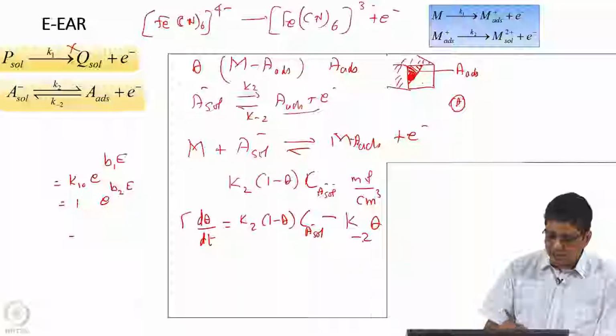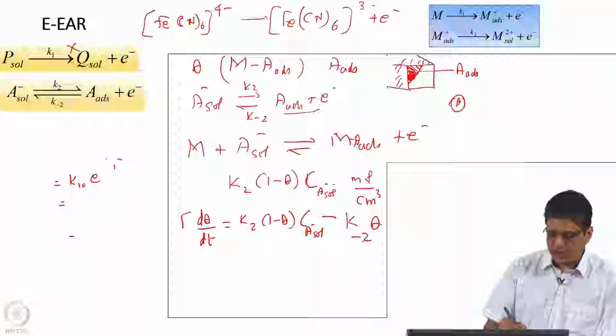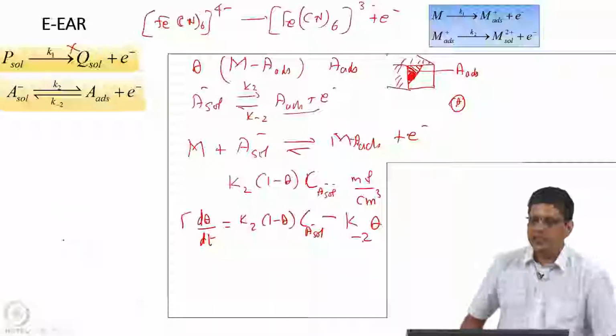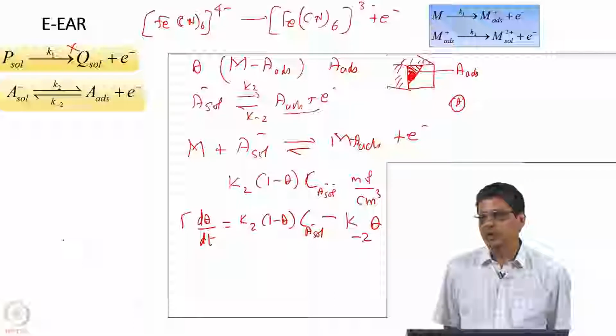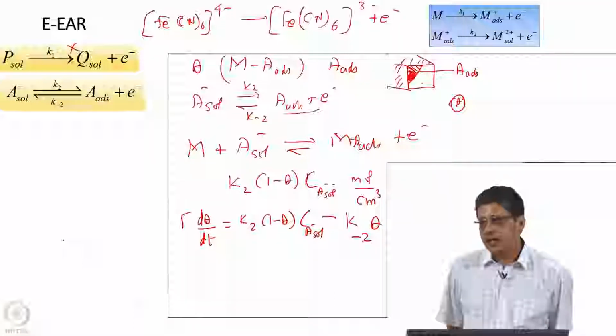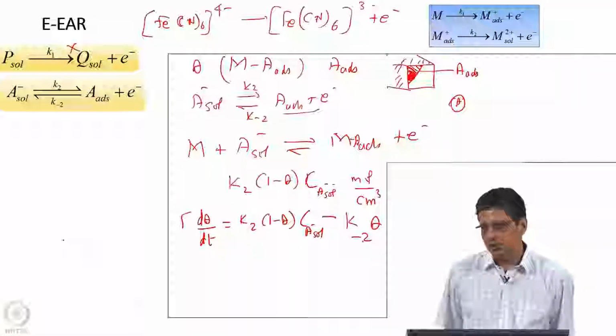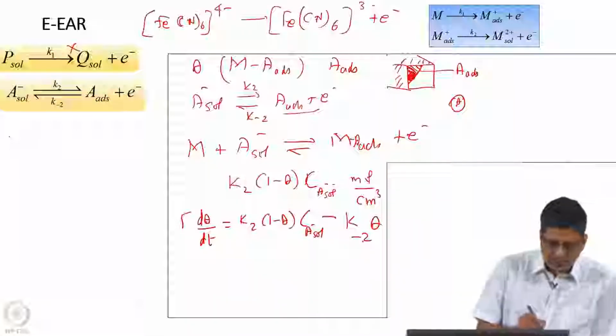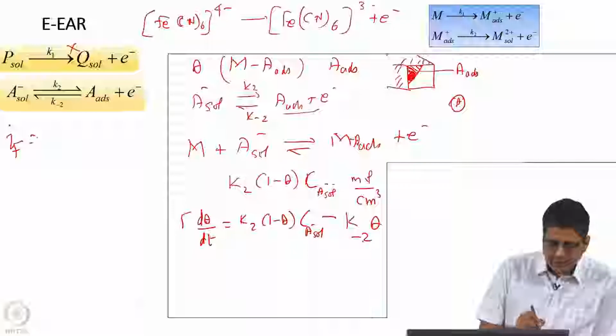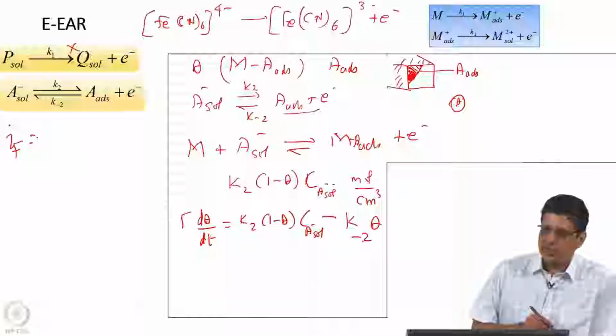When I change the potential, we know how the rate constant changes, that depends exponentially on the potential. But just because the rate constant changes exponentially with potential does not mean the current that we measure will change exponentially with potential. The current is going to be given by, how much current can we expect from the first reaction?